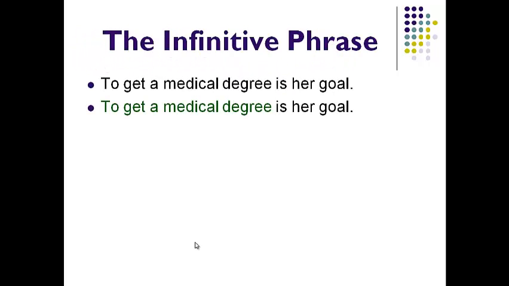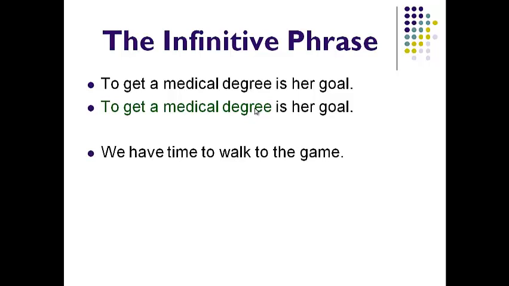So, to get a medical degree is her goal. To get is your infinitive, and then we need to look at everything else that goes with it. To get a medical degree. What is the subject of the sentence? To get a medical degree. That whole phrase is acting as the subject.